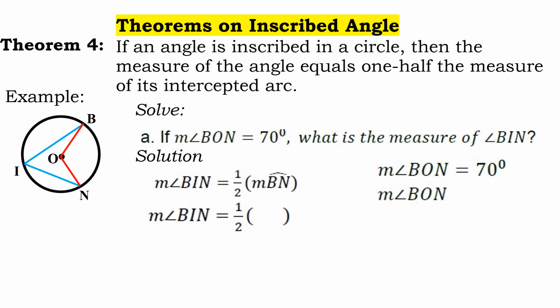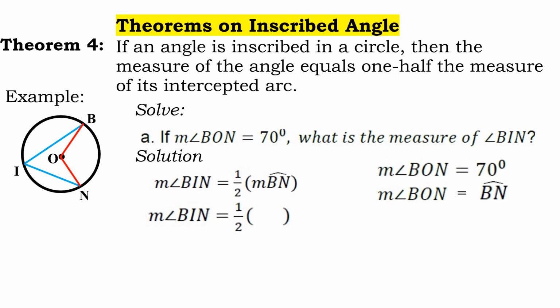So, in the given, the measure of angle BON is equal to 70 degrees. The intercepted arc of angle BON is arc BN, and angle BON is a central angle. Therefore, the measure of angle BON is equal to its intercepted arc, arc BN.